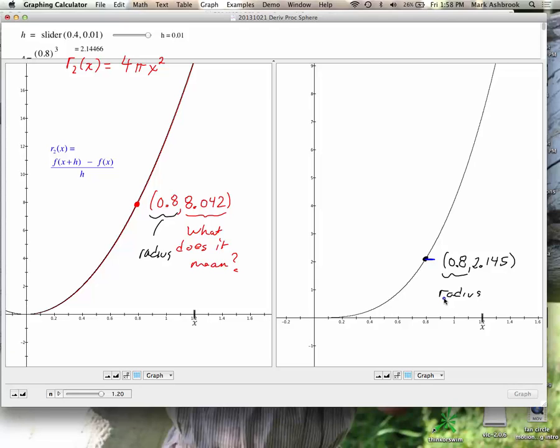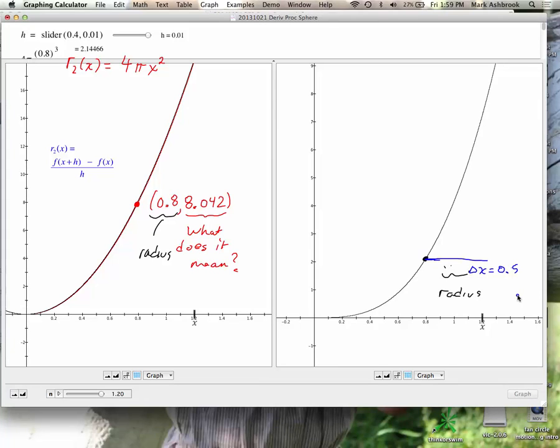Only at that radius. So what about if the radius changed, say, 0.5 from here? That would go up to 1.3. So here's my change of radius of 0.5.